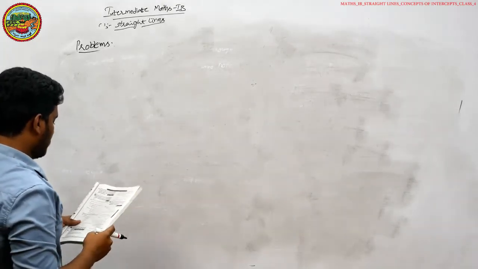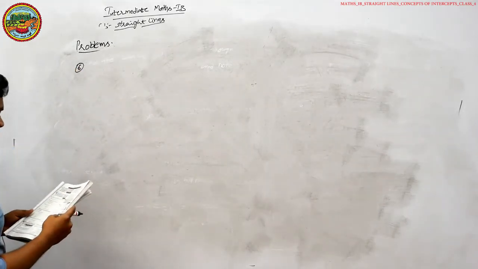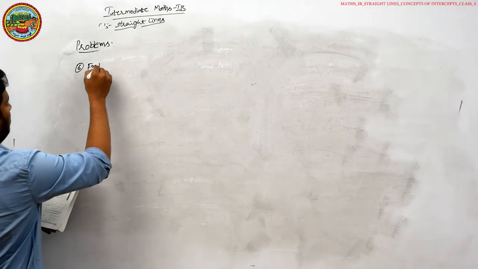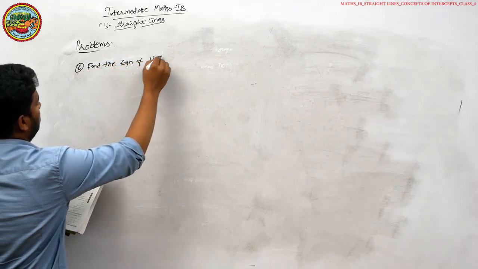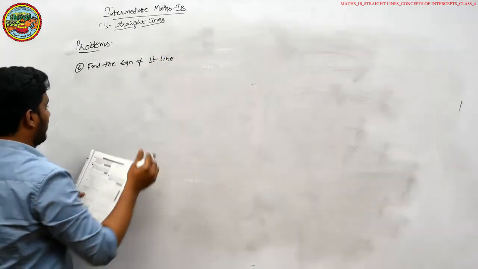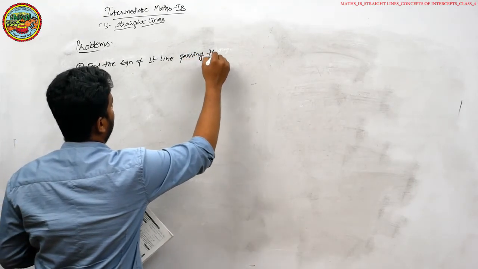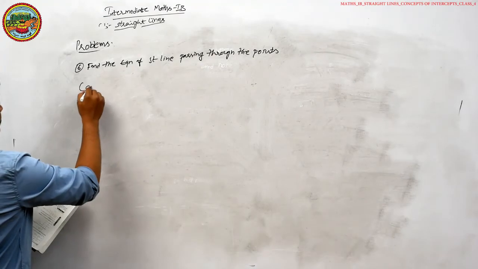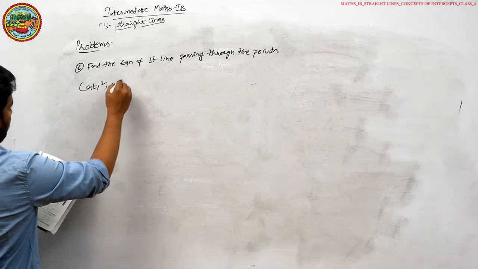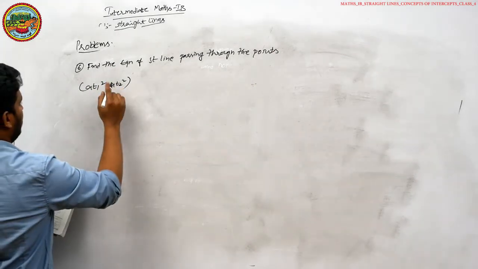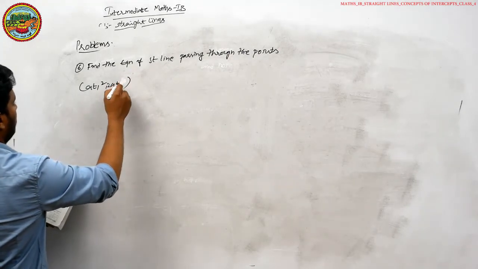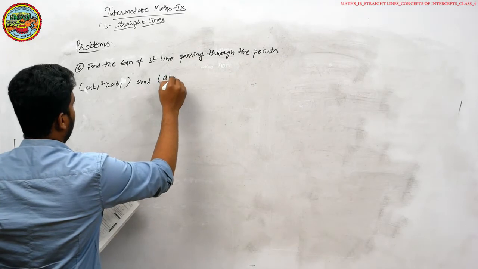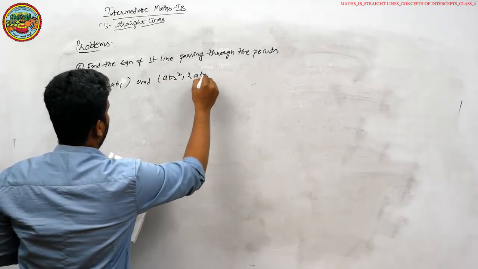Next, problem number 6. Find the equation of the straight line passing through the points a t1 square comma 2a t1 and a t2 square comma 2a t2.